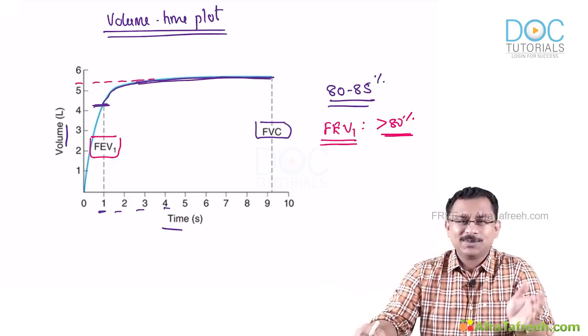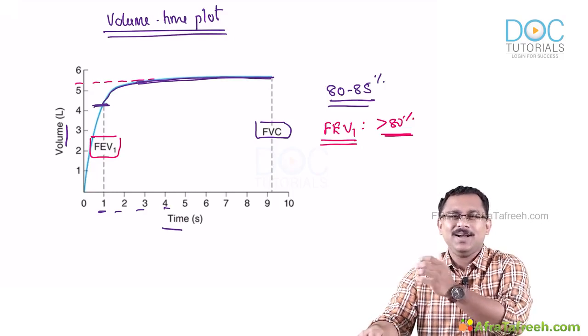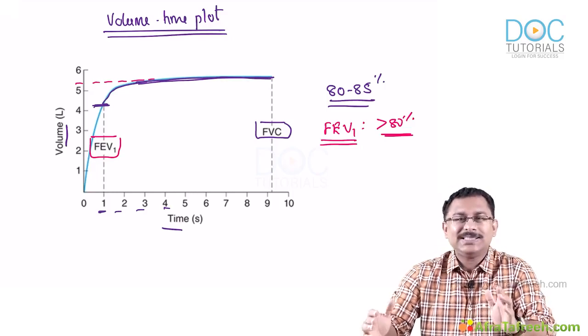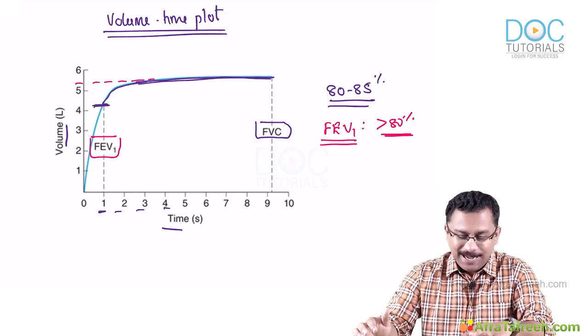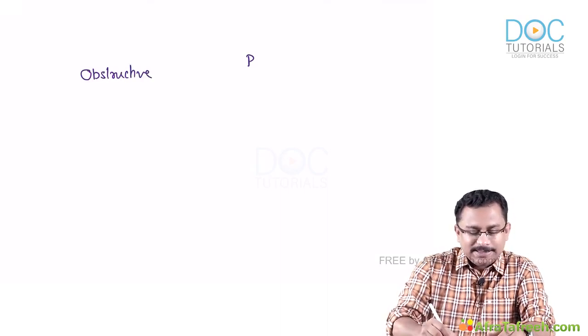So how does the volume time plot help you differentiate between these disorders, that is, your obstructive lung diseases and restrictive?